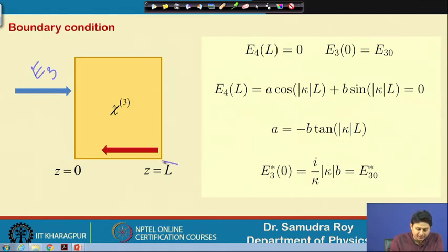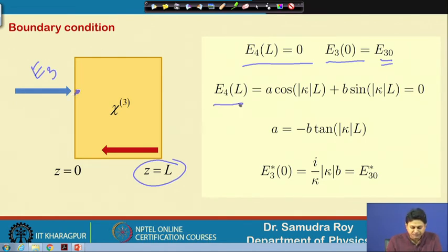That means at z equal to L, eventually we should not have any kind of E4, as it is reflected. So, if I put this boundary condition, and also write that E3 at z equal to 0 is some value E3 0, then we will have E4 L is 0.